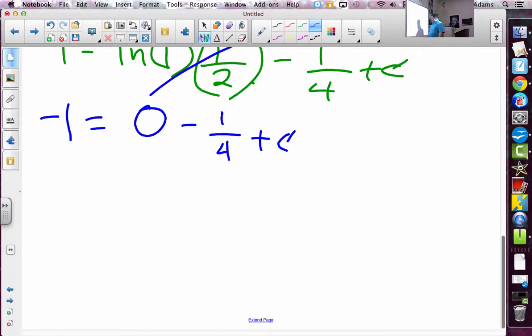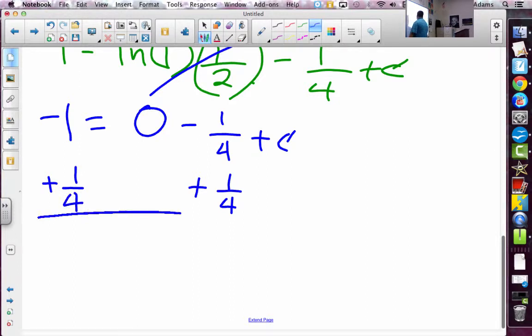I'm going to add 1/4 to this side, and I'm going to add 1/4 to this side. This becomes -3/4 is equal to c.